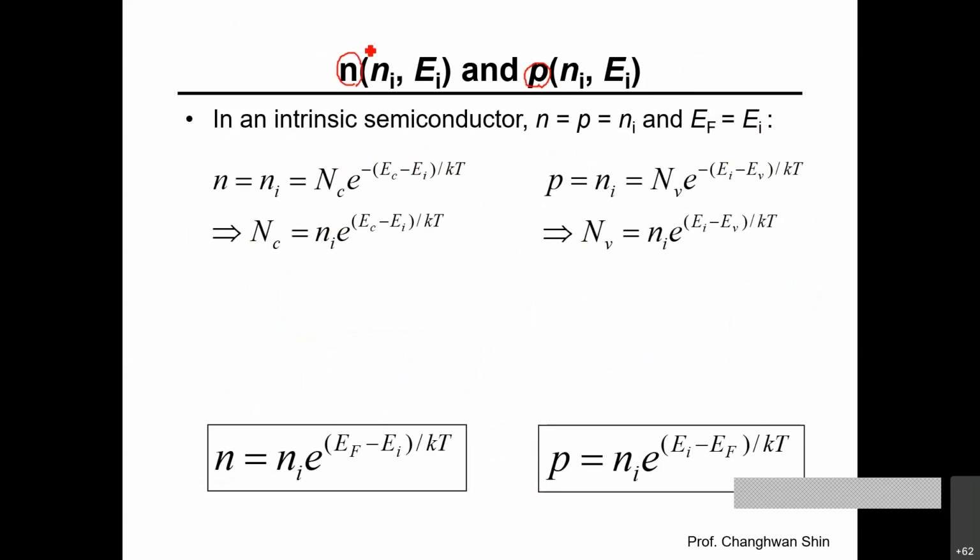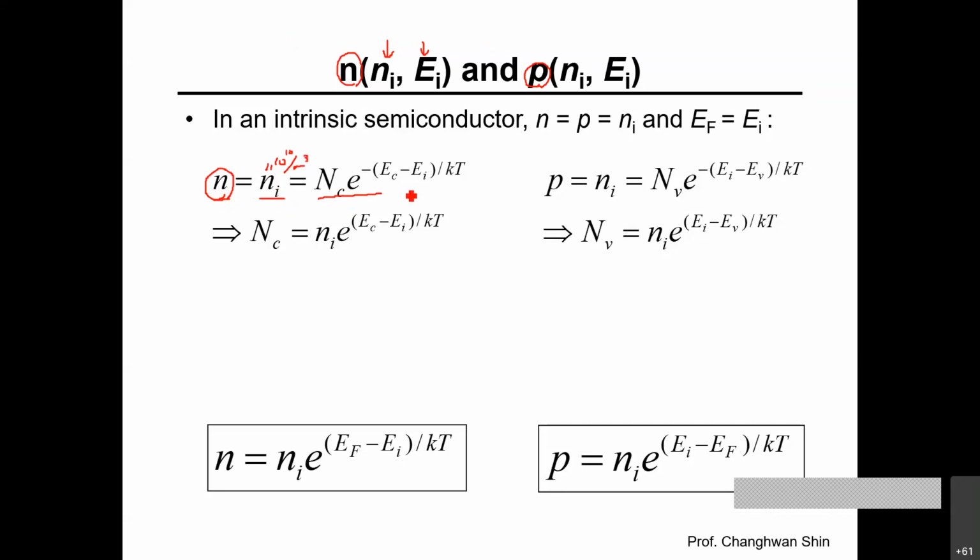Now, as a function of n sub i and E sub i. Previously, we derived this equation. In an intrinsic semiconductor, the electron concentration is equal to the intrinsic carrier concentration. For example, at room temperature, n sub i is 10 to the 10 per cubic centimeter.